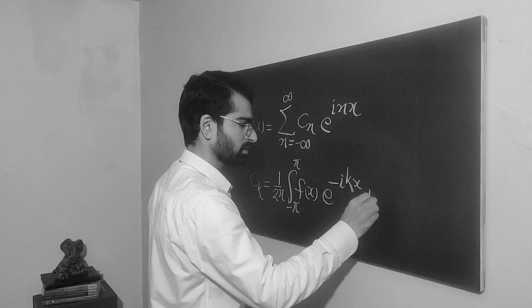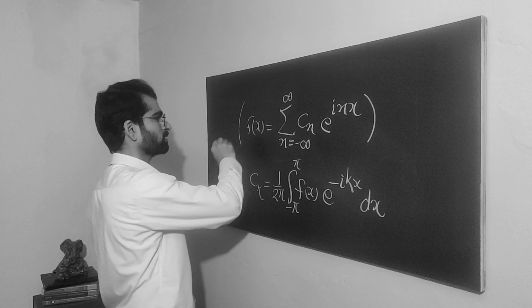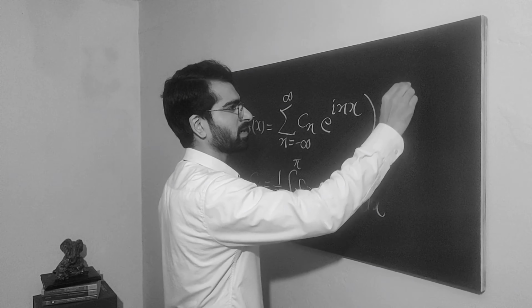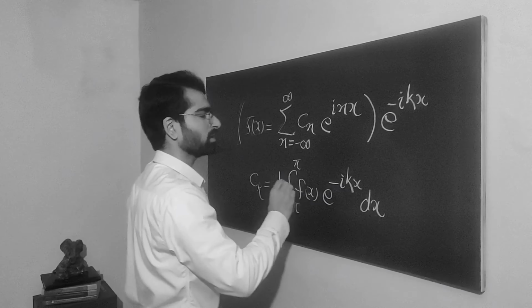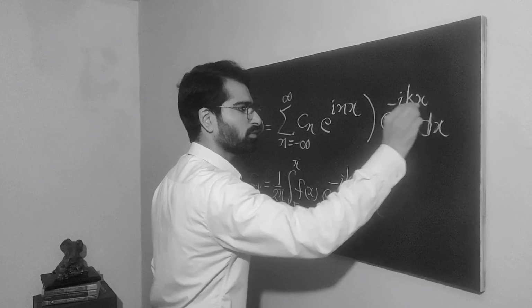And how do we get that? Well, we multiply both sides with the e to the minus i k x, and we integrate it from minus pi to pi.